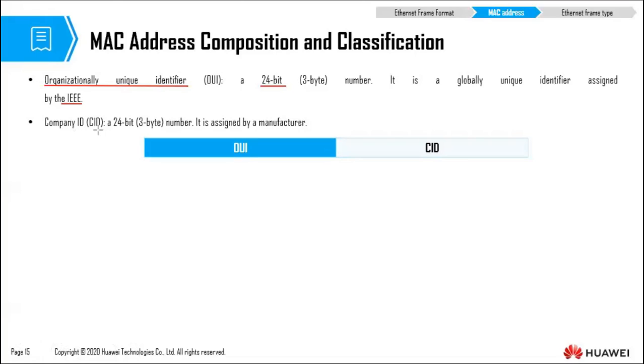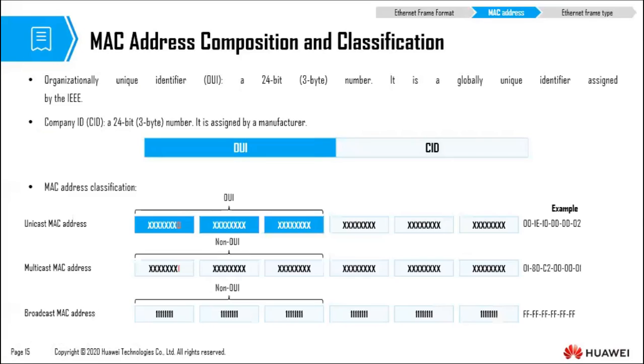Then the remaining 24 bits is what we call the company ID. The company ID is assigned by the manufacturer uniquely and incrementally. So 1, 2, 3, 4, 5, 6, 7. So that's how we are able to say that by design, the MAC address has to be globally unique.